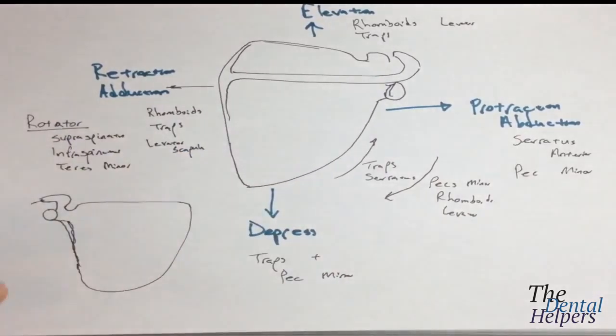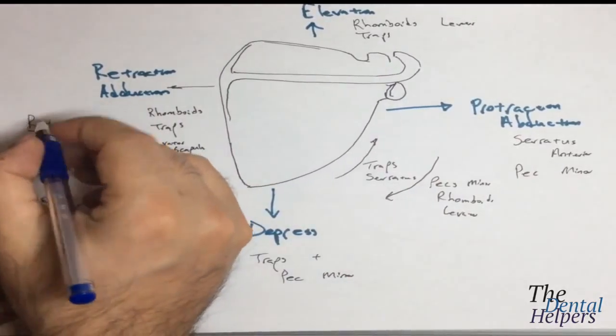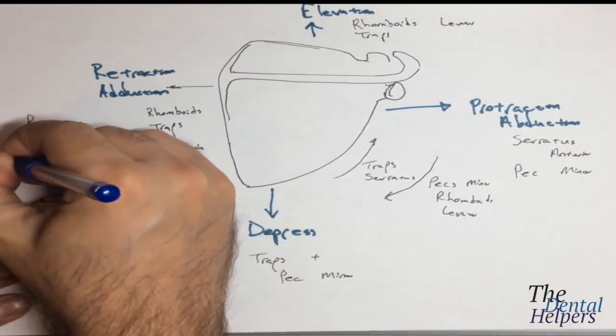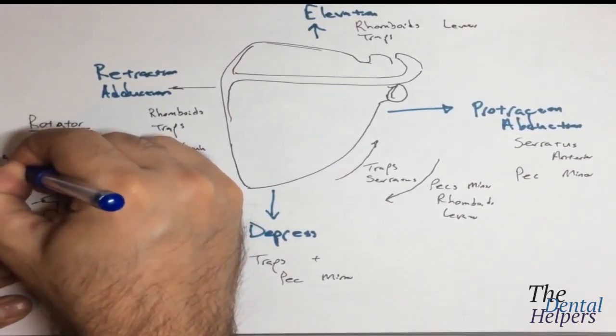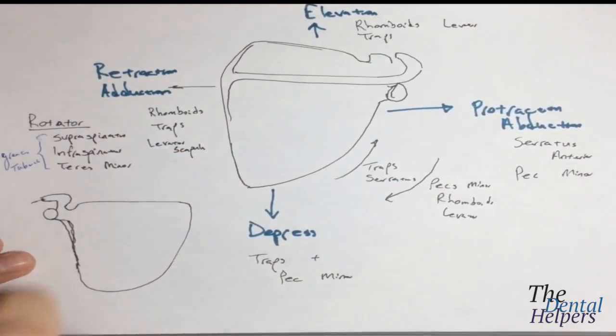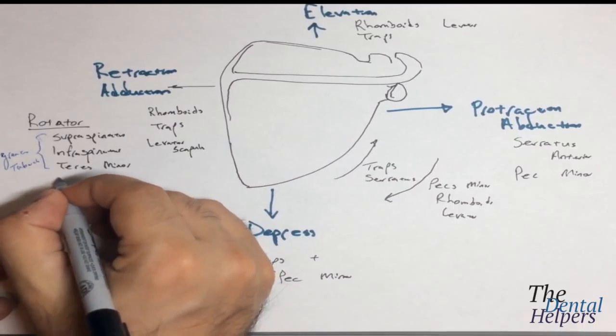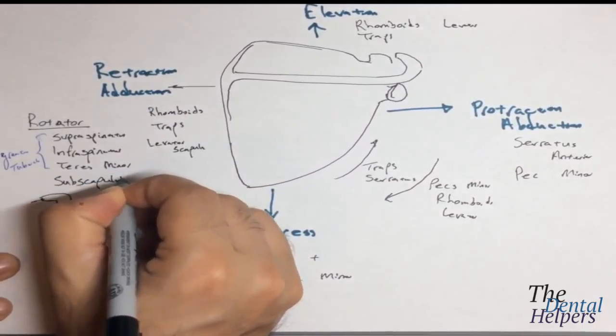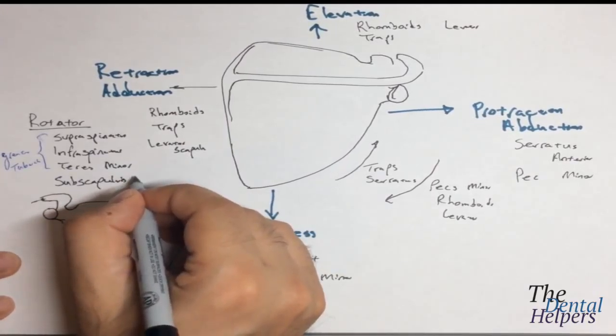And these are all going to attach at the greater tubercle. And then what makes the S in SITS is the subscapularis. And this is going to be attached to the lesser.